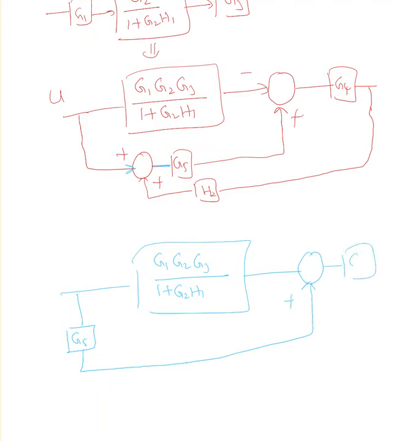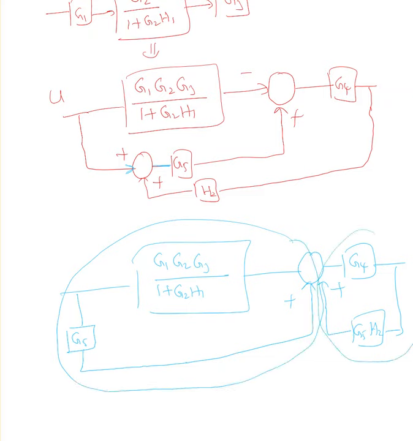and then g5 is going over there, that's a plus. Now here I have z4 and here I have z5 h2. Okay, so now this is feed forward path, that's a feedback path. This is u, that's y.